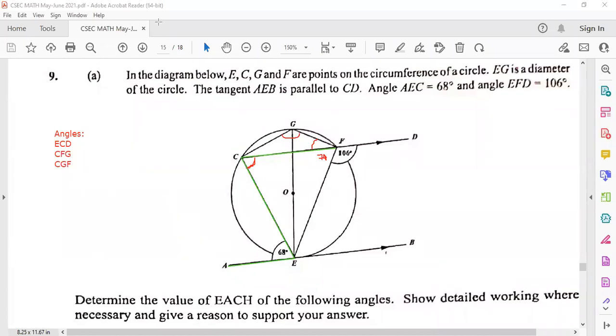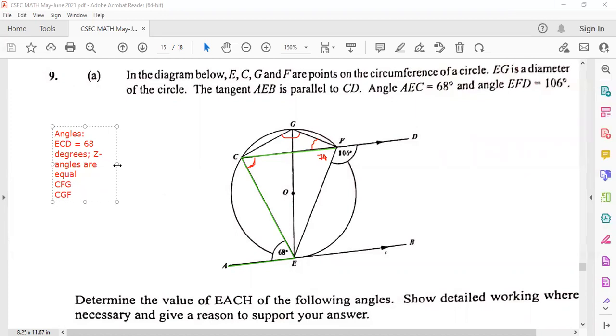If Z angles is a new term for you, you might hear alternate interior angles are equal. So this is equal to 68 degrees, because we have to give our reason: Z angles are equal.